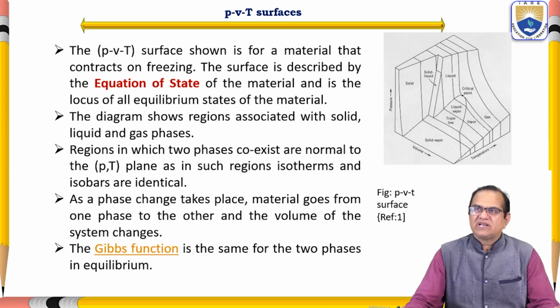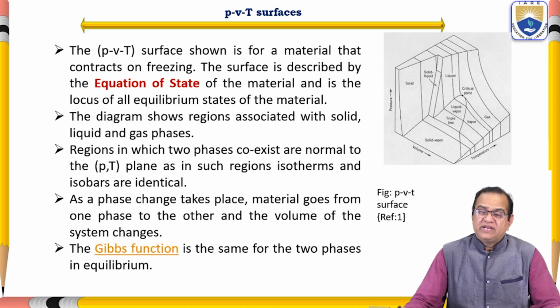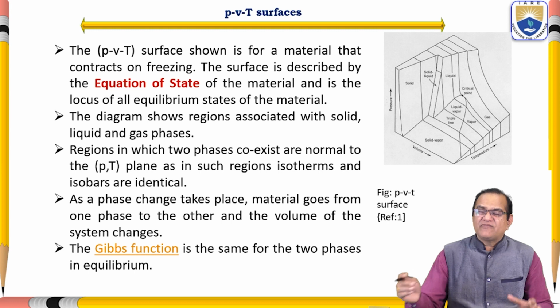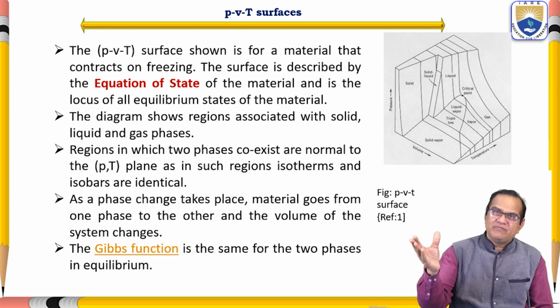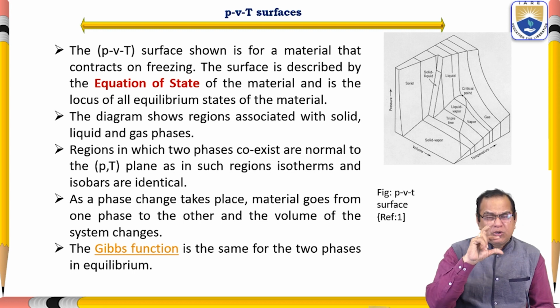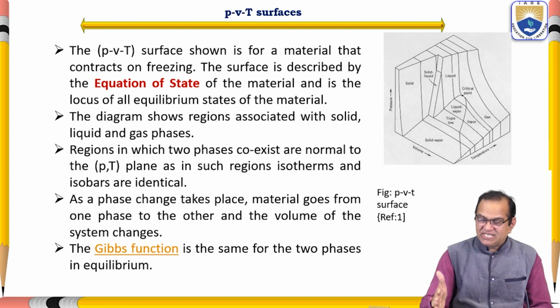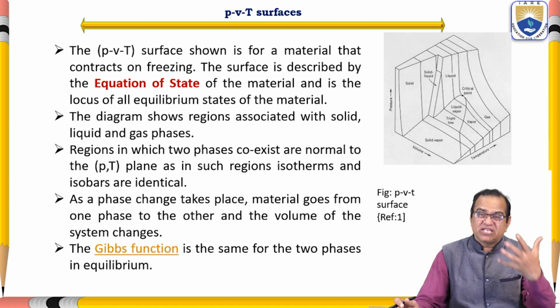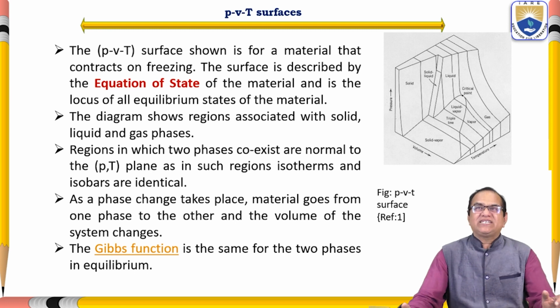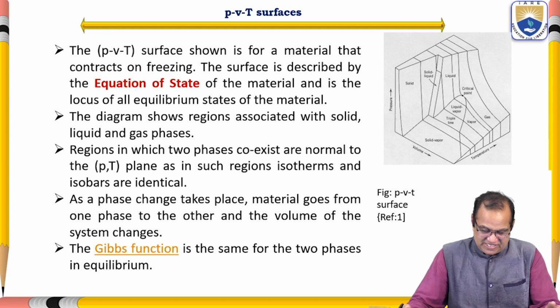Next we have one special, known as a PVT surface, pressure, volume and temperature surfaces. So in one plot, we can get all the three. Normally, as of now, we have seen the PV diagram or TS diagram or TP diagram, where only two variables are there. But here in this plot, you can see that all the three important properties of a substance are depicted in one diagram, and that is called the PVT surface.